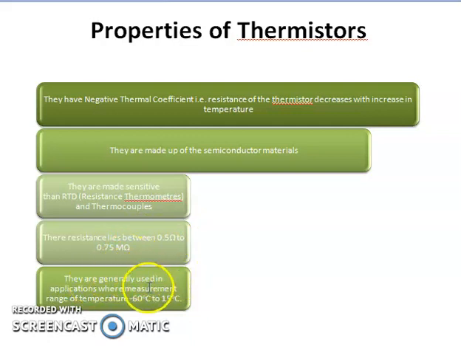They are generally used in the application of measurement range of temperature minus 60 degree to 15 degree. This is a great variation, that is from minus 16 degree to plus 15 degree.